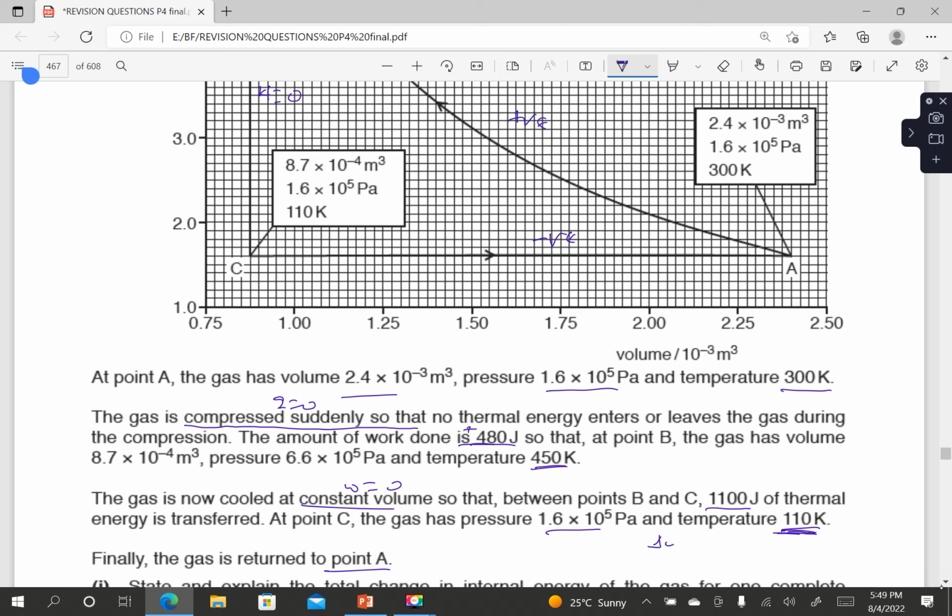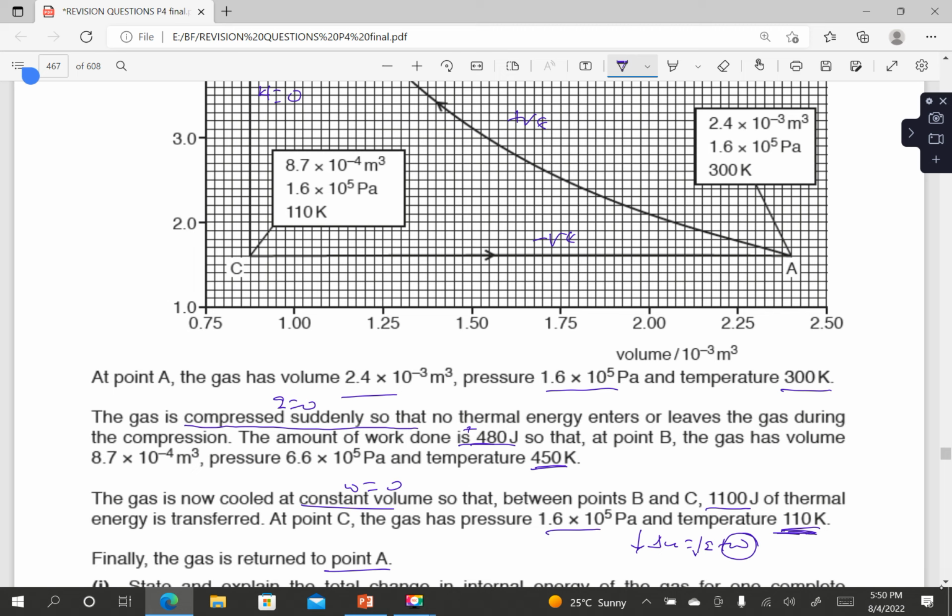Change in internal energy is equal to Q plus W. W is 0. If there is a decrease in temperature, it means the heat is leaving the system, and this heat must therefore be negative. This energy is transferred to the surrounding by the system because a decrease in temperature indicates a decrease in internal energy.